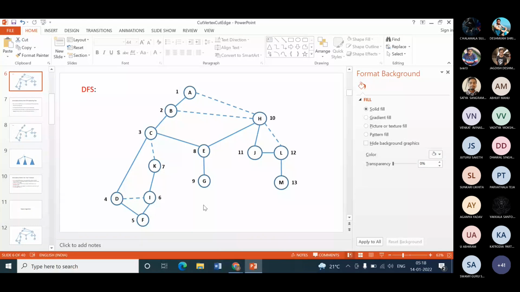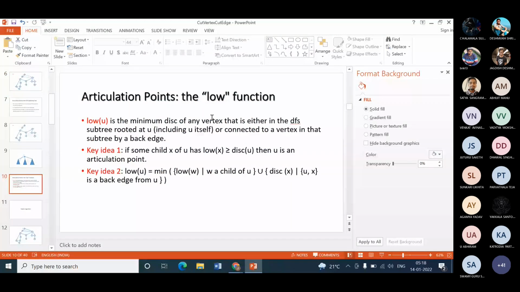Okay, but the thing is, for each vertex he maintained two separate variables: a discovery time as well as a low value, and we'll see how this low value is being populated. So low of u is the minimum discovery of any vertex that is either in the DFS subtree rooted at u, including u itself, or connected to a vertex in that subtree by a back edge.